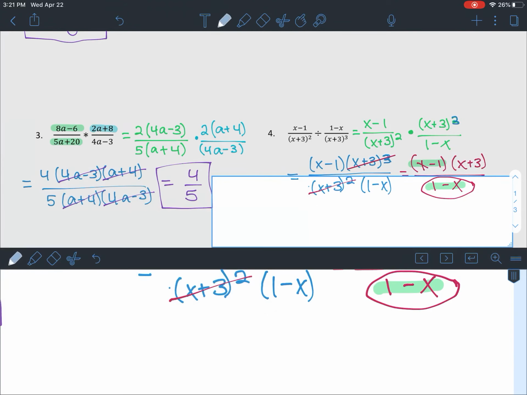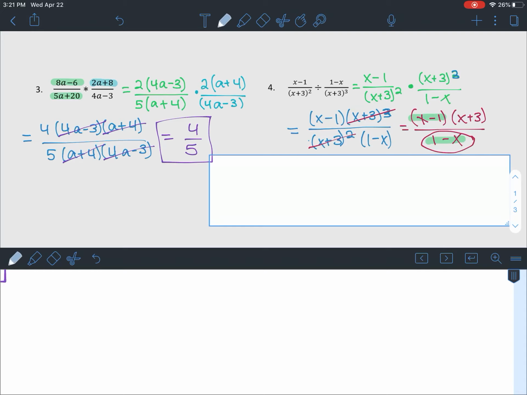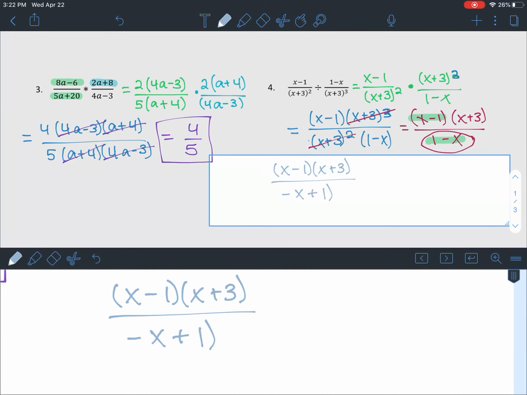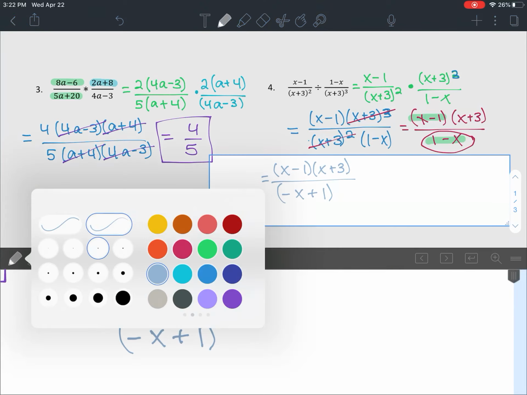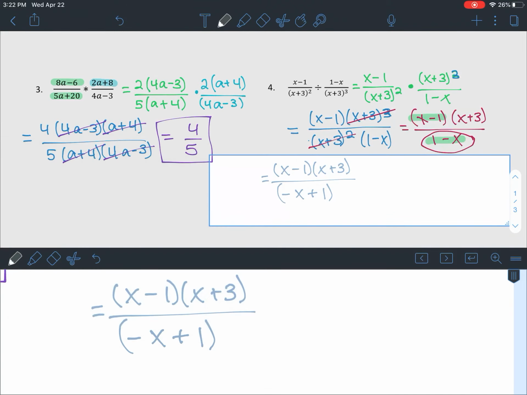So nothing is going to happen to my top. That's still going to be this x minus 1, x plus 3 on the top. But what I'm going to do to the bottom is I'm going to flip where those numbers are. So now I have this negative x plus 1.